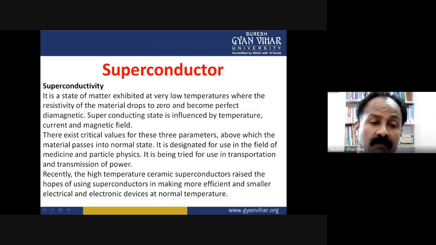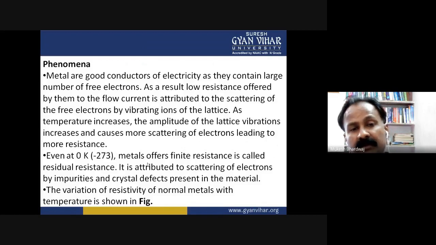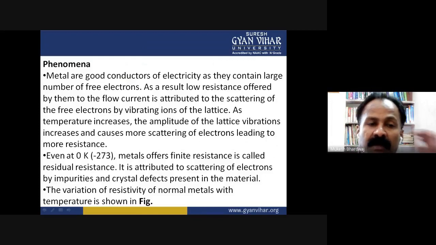Now, the phenomenon of superconductivity or superconductors. Metals are good conductors of electricity as they contain a large number of free electrons. The low resistance offered by them to the flow of current is attributed to the scattering of the free electrons by vibrating ions of the lattice.